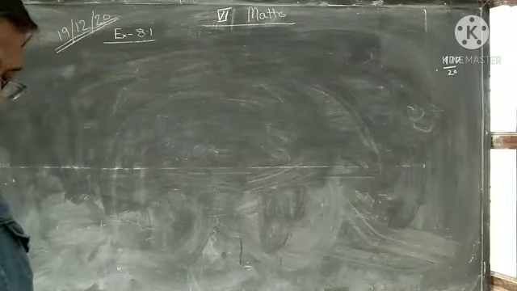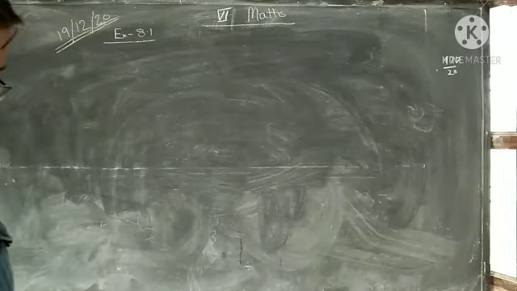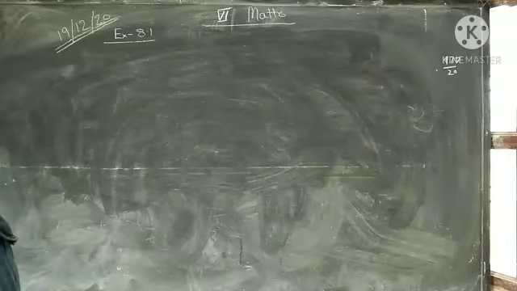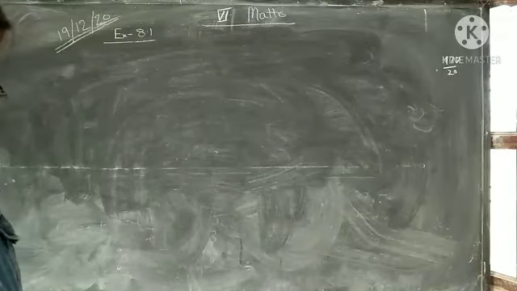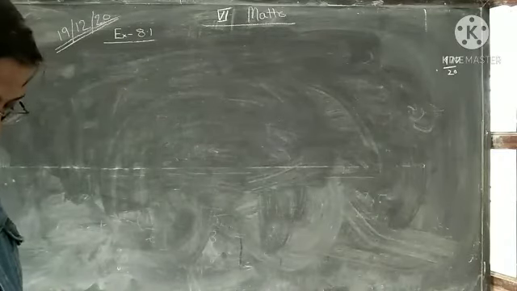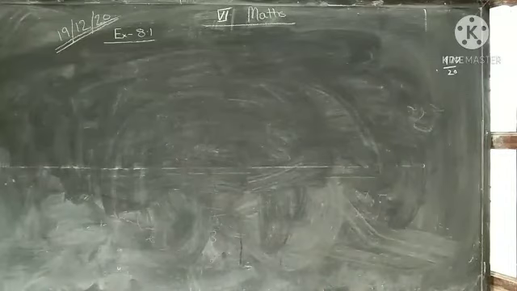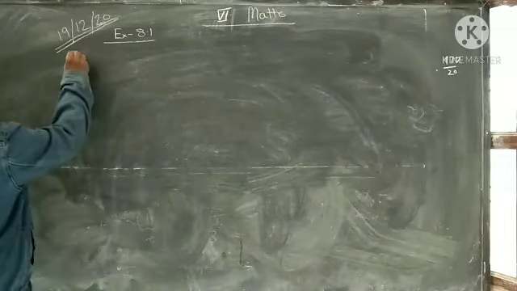In sum number 7, it says between which two whole numbers on the number line does the given number lie. Which of these whole numbers is nearer to the number? So, sum number 7.